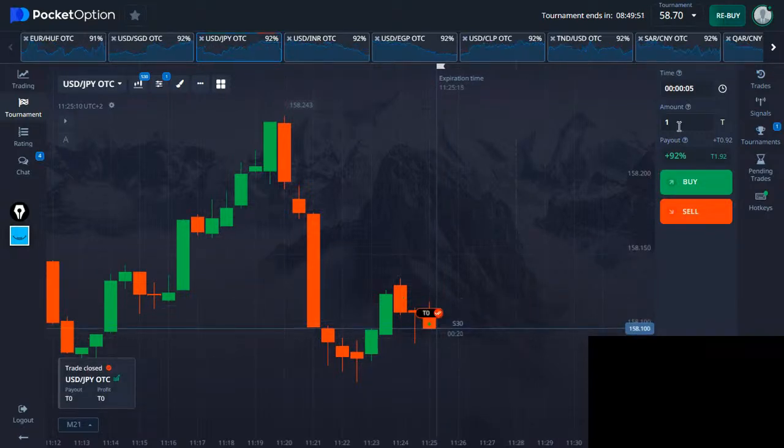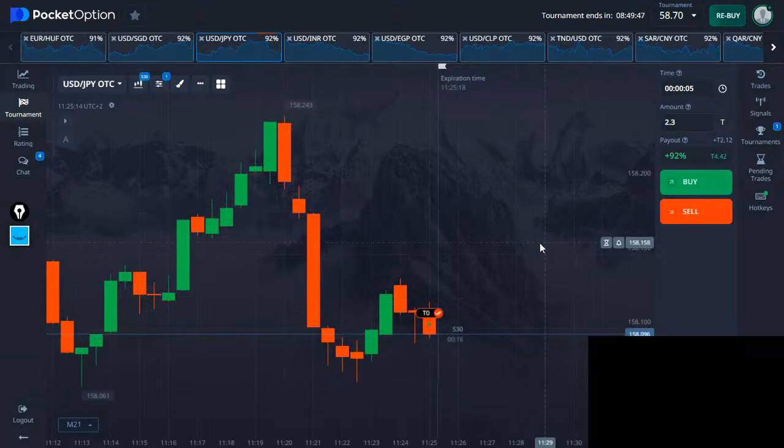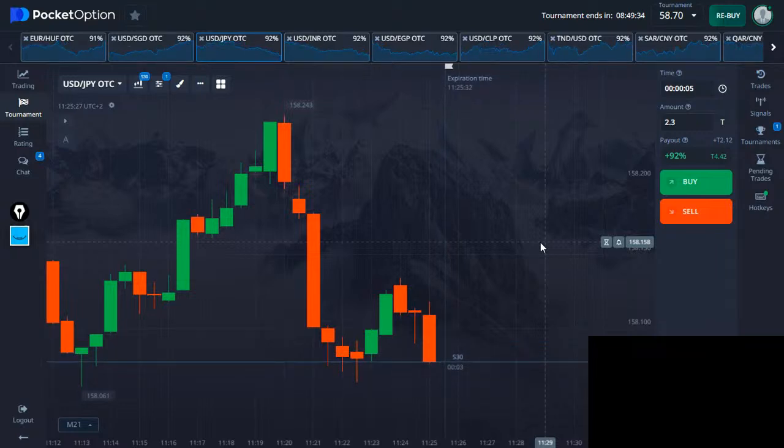It's a loss. 2.3. Let's see the next bar. This is strongly dropping. Let's see.